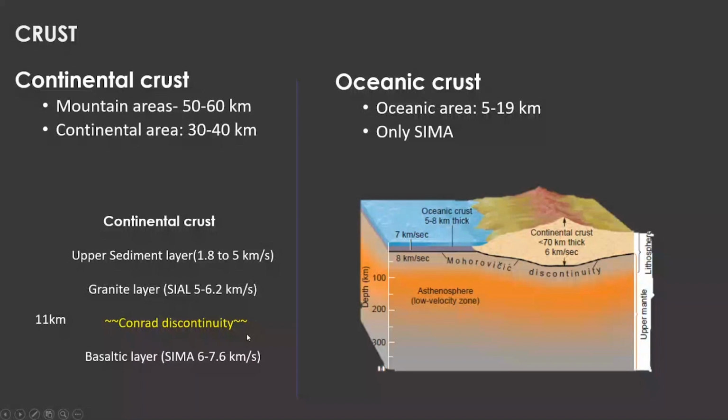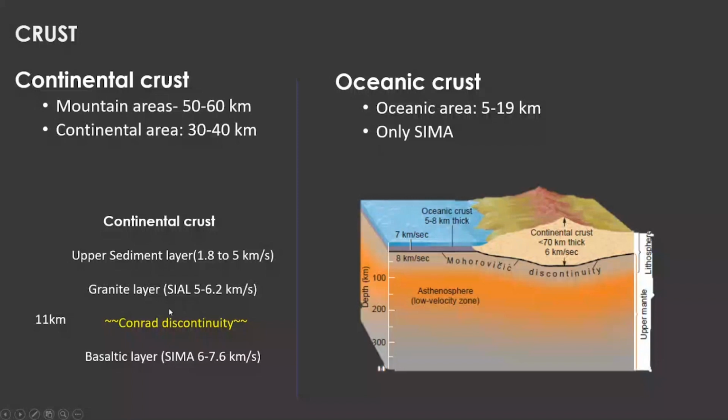Okay, so this is the nature of our continental landform. Similarly, if you go to the oceanic landform, all these different layers are missing: the upper sedimentary layer and granite layer are missing. The upper sedimentary layer may be there, and it is basically composed of a basaltic layer. And when it is made up of basaltic layer, the major chemical composition I'm talking about is silicon and magnesium.